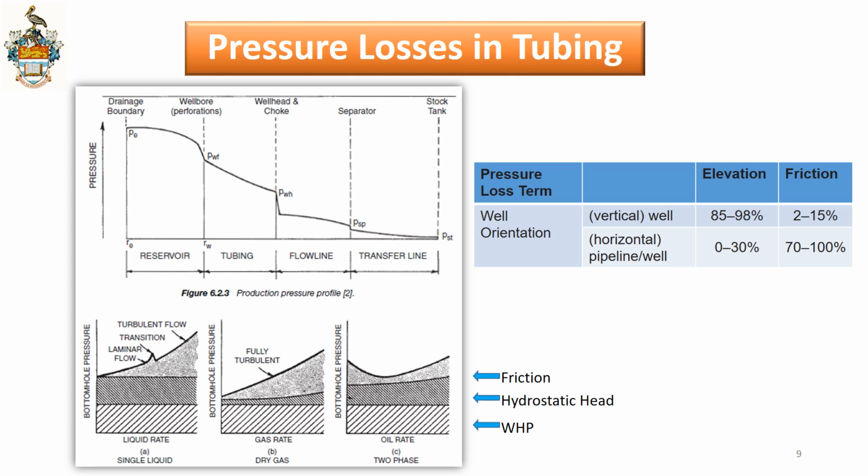Okay, so let's zero in a little bit on the pressure loss that takes place or might take place in the tubing. And we would look at three different types of fluids: single phase liquid, dry gas, and then two phase oil and gas. So let's look at A, which is liquid rate or single fluid. The wellhead pressure on all three would be the same.